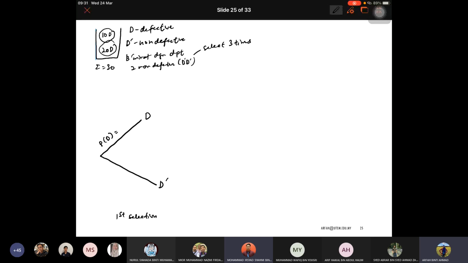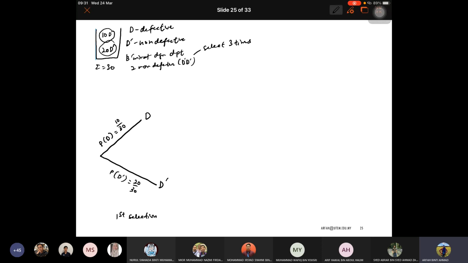Salah. Kebarangkalian dapat defektif, 1/3. 1/3 betul. Okay. 10/30. That is 1/3. So kebarangkalian dapat non-defektif? 2/3 betul. 20/30 atau 2/3.